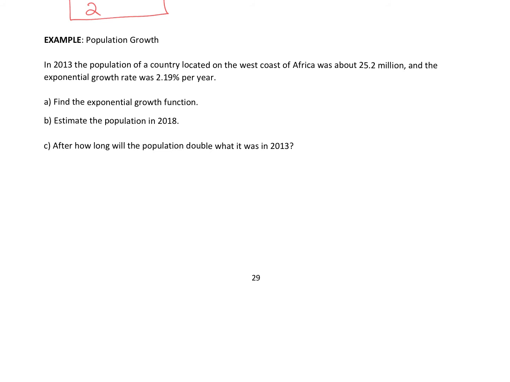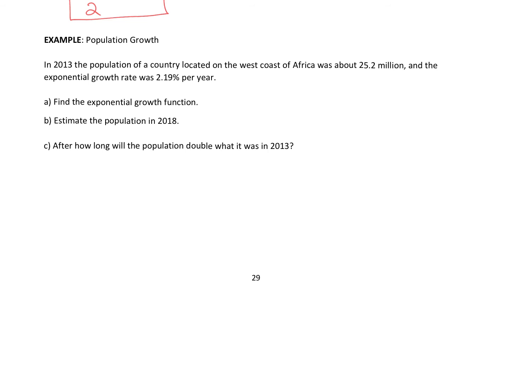In 2013, the population of a country located on the west coast of Africa was about 25.2 million, and the exponential growth rate was 2.19% per year. Find the exponential growth function and estimate the population in 2018, and then answer the question, after how long will the population double what it was in 2013?